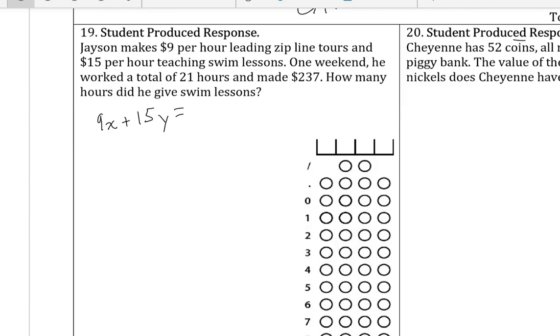So if I have x plus y is equal to 21, and it says I made this much, right? So I made 237. And we need to figure out how many hours I worked swim lessons. So let's go ahead here. I'm going to write this a tad bit neater, just to line up my variables.